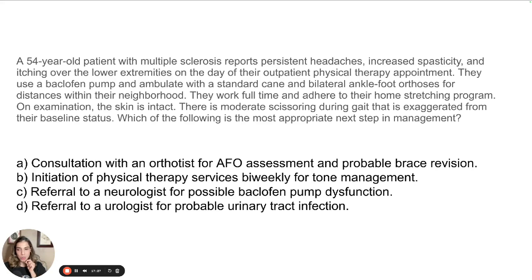So the answer choice here is C. Referral to neurologist for possible baclofen pump dysfunction. So I really hope this was helpful for you to start thinking about question answering.